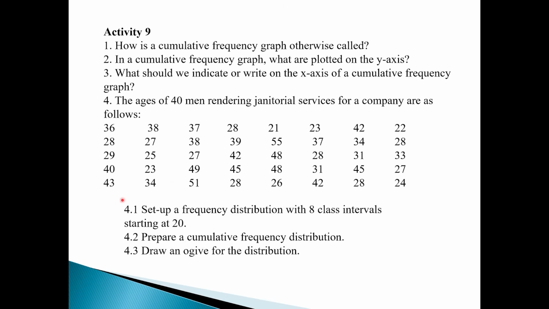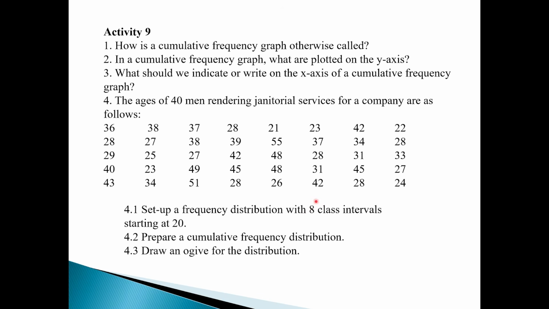All right, so another activity. This time you have your raw data. You have raw data here, and you should be able to set up a frequency distribution. How many class intervals? Again, what I taught you, there should be 8.